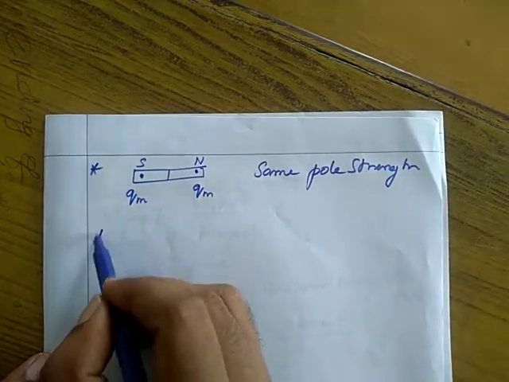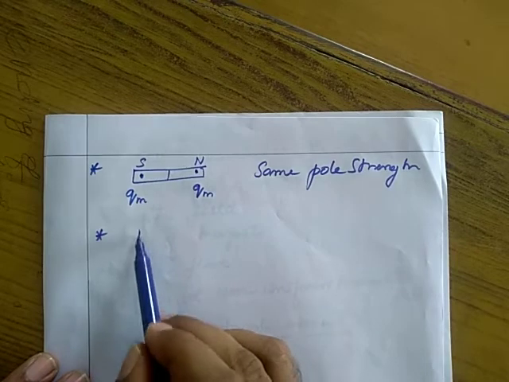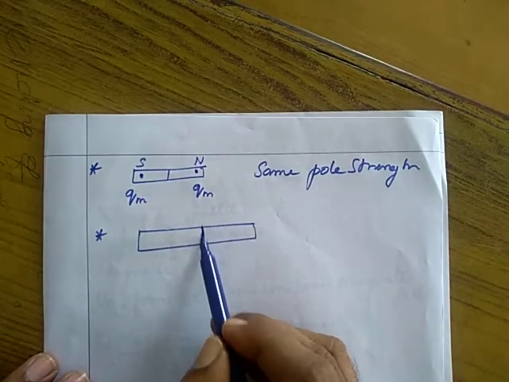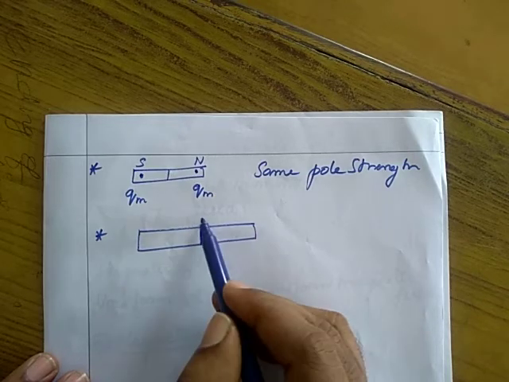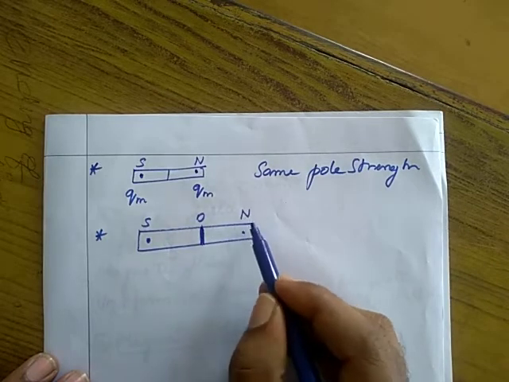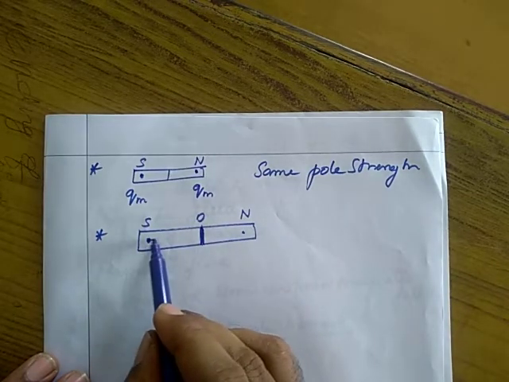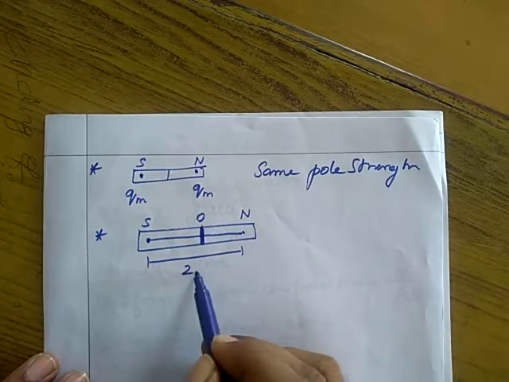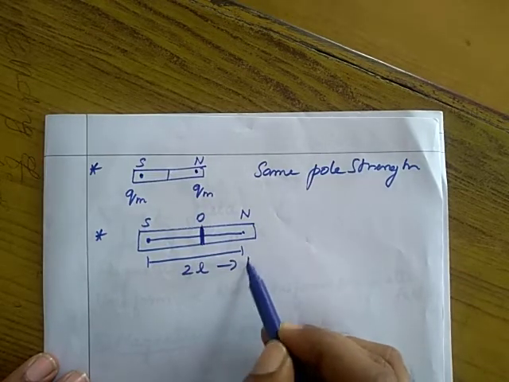Then the last point: if it is a bar magnet, this point is known as the geometrical center, represented as O. It is the south pole, it is the north pole. The distance between the two poles is represented as 2L, which is known as the magnetic length.